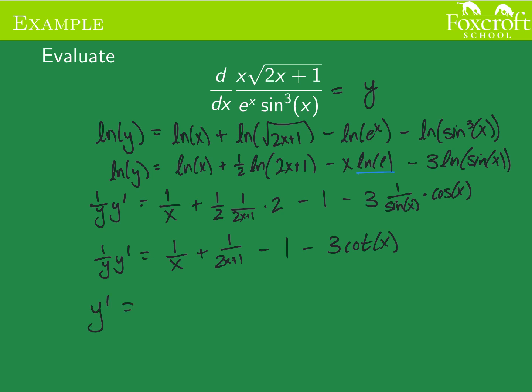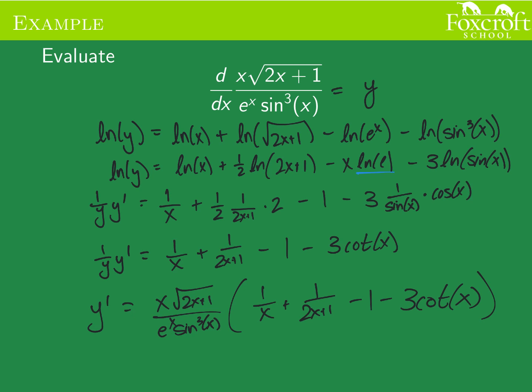Y is this big expression, and that's going to be multiplied by everything that I had in here. And again, now we have the answer for what our derivative is.